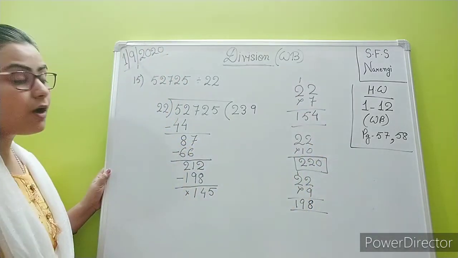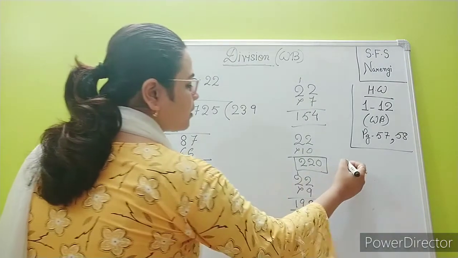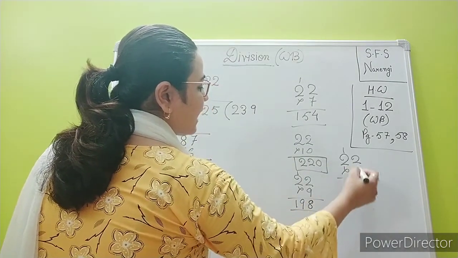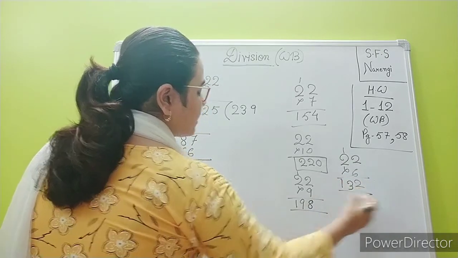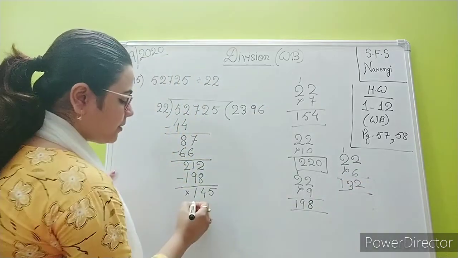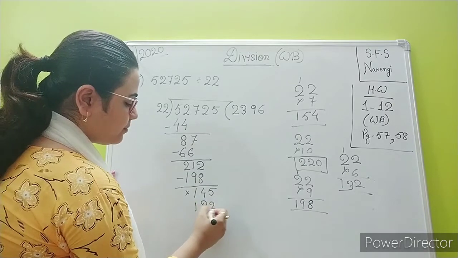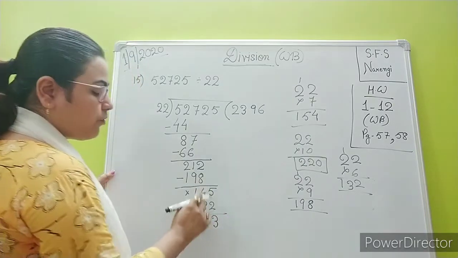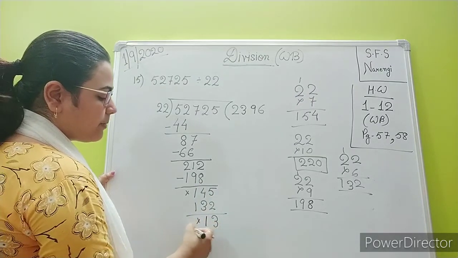This does not work, so what will work? 22 into 6: 6 twos are 12, 1 carry, 6 twos are 12, 13, 132. So 5 minus 2 is 3, 4 minus 3 is 1, 1 minus 1 is 0.